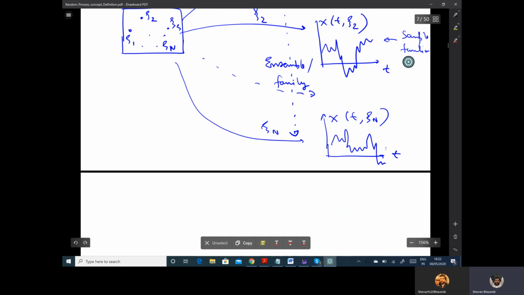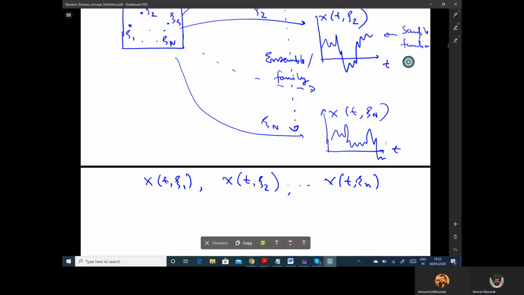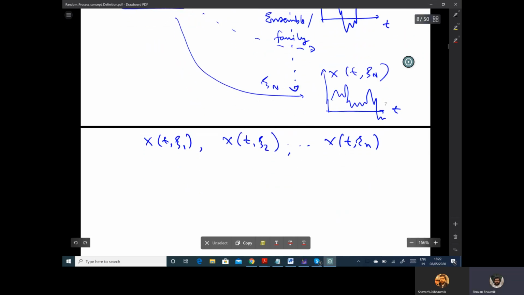So what is an ensemble? We have x(t, zeta 1), another experimental outcome x(t, zeta 2), and like that, all the functions up to x(t, zeta n), right? The set of all these functions corresponding to all the outcomes of an experiment is called the ensemble.